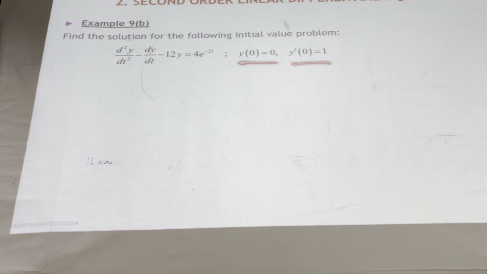Alright, so first we apply the Laplace transform to each term. Laplace of d squared y over dt squared minus dy over dt minus 12y equal to Laplace of 4 e to the power of minus 2t.